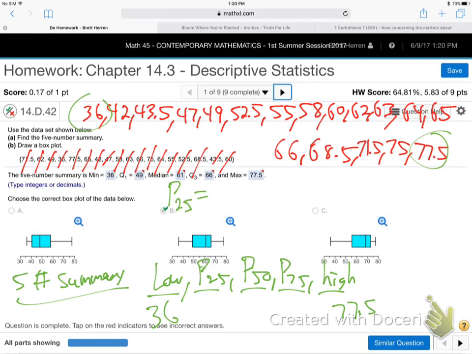P25. P over 100 times N. That's 25 over 100 times N. We need N, huh? We need the number of numbers. Does it say anywhere?